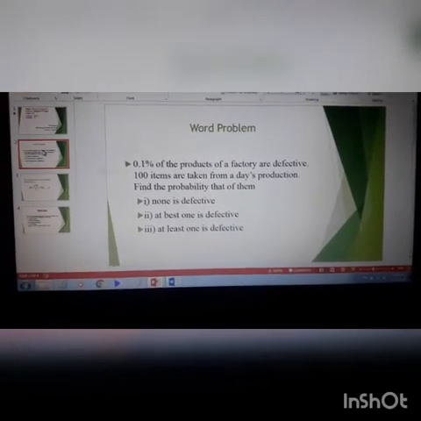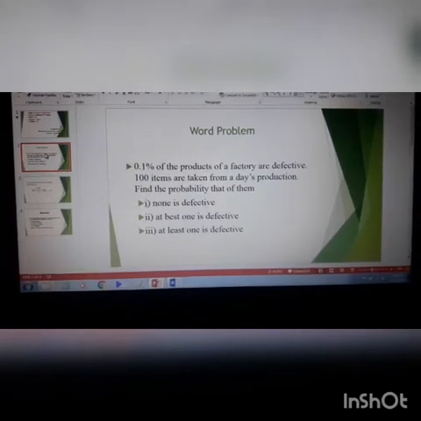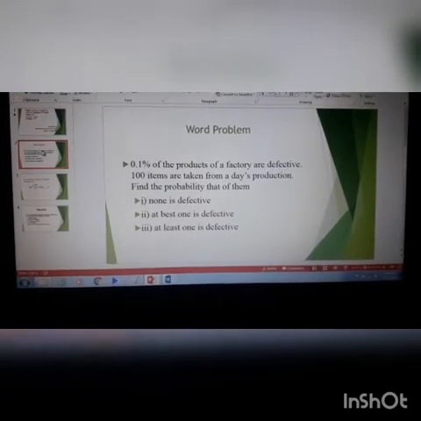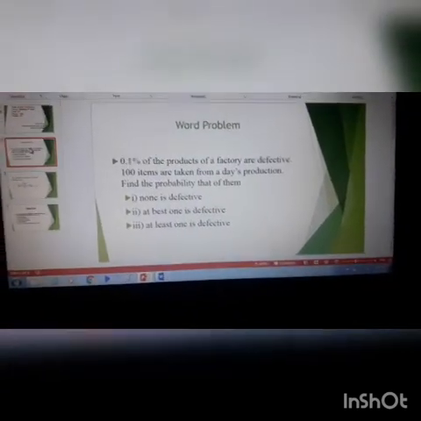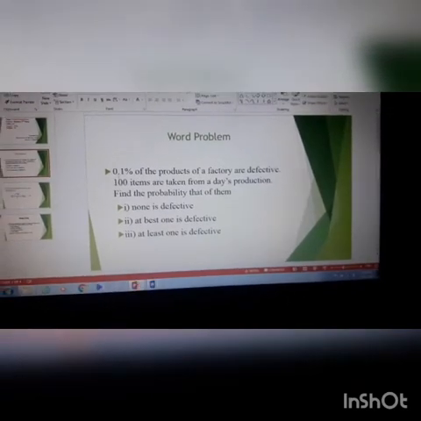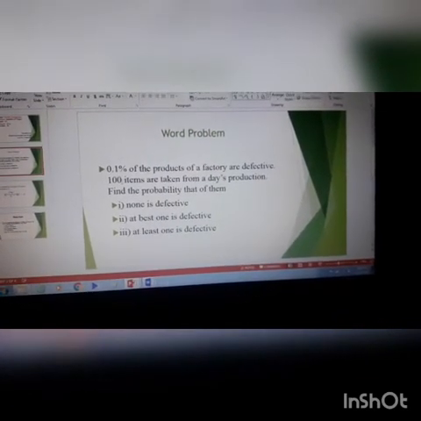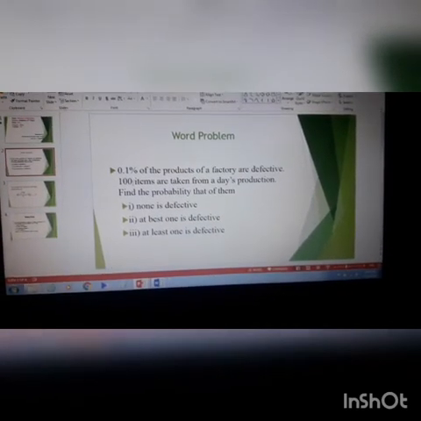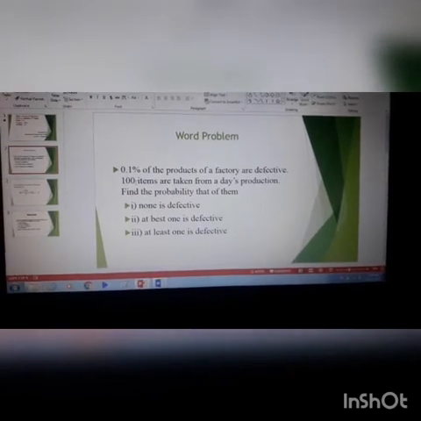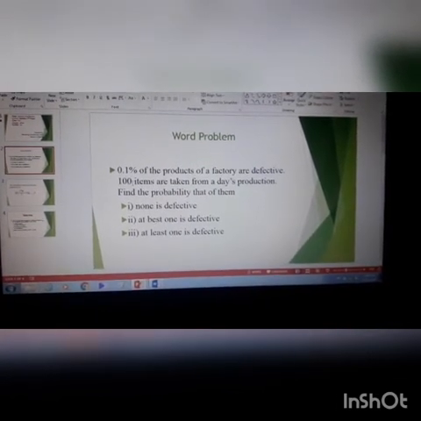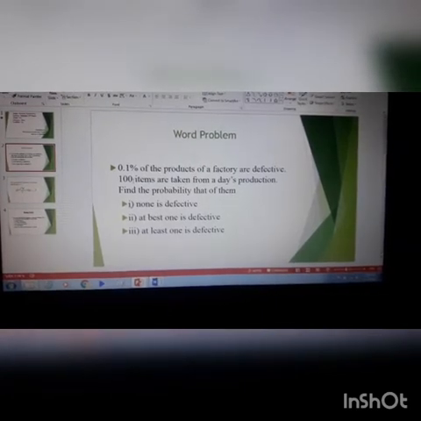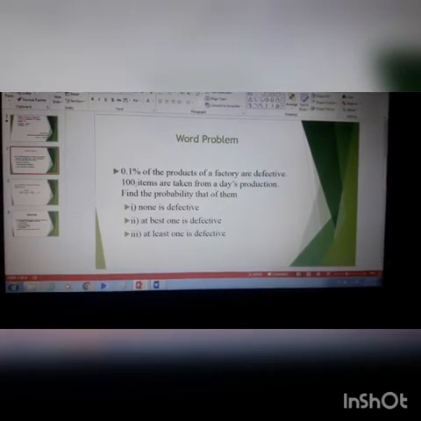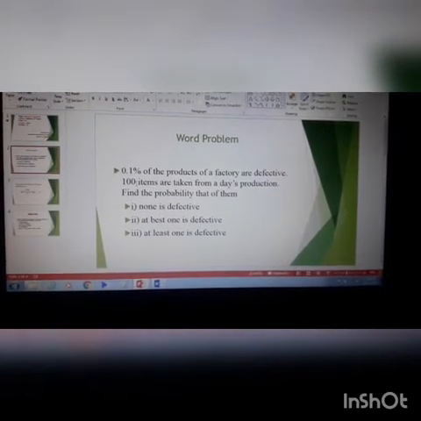So firstly, to solve the problem, we have to know which distribution the problem follows. Here 0.1% is the probability and the number of items is 100. We know when the number of trials is very large, here large means greater than 30, and the probability of success is very small, that is, tends to 0, in that moment the binomial distribution tends to the Poisson distribution.